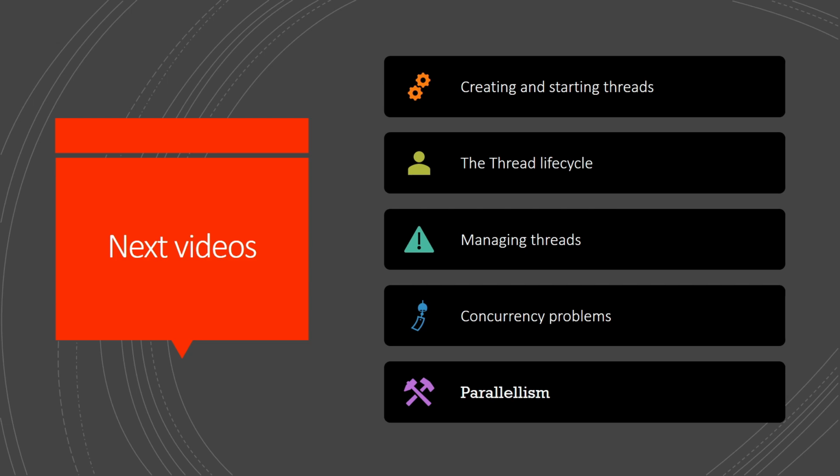And then lastly, very quickly, we'll have a quick look at parallelism, why it's not concurrency, and why we don't have as many issues with parallelism as opposed to concurrency. Okay, well, see you in the next video, and we'll be starting creating our threads there.